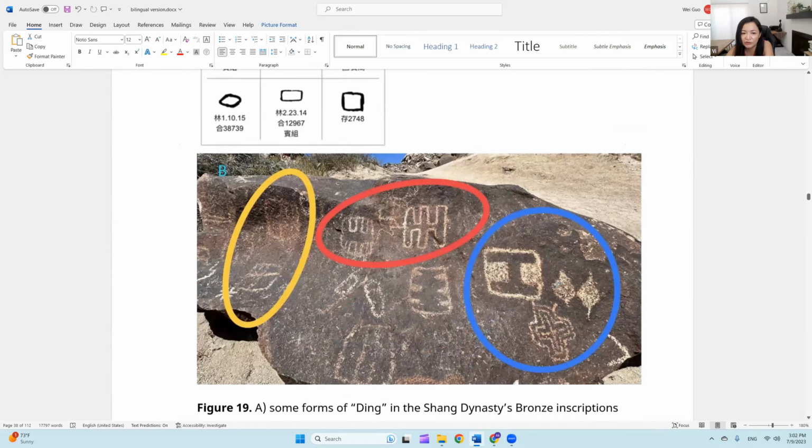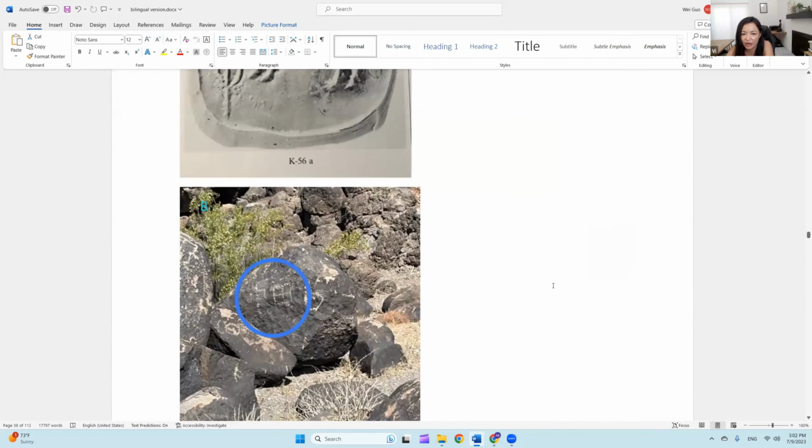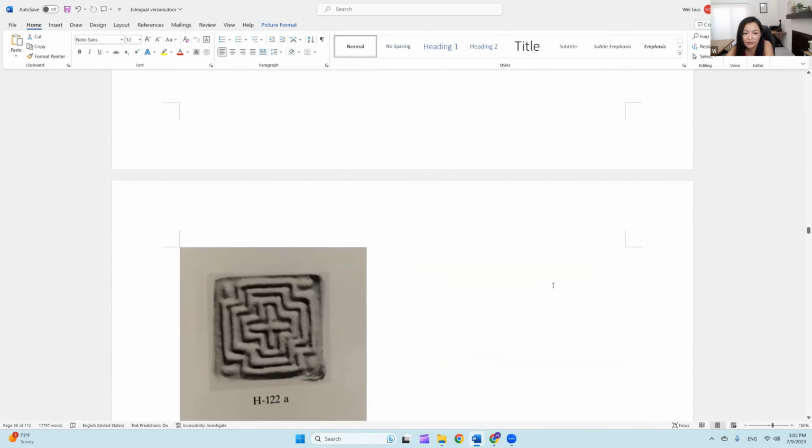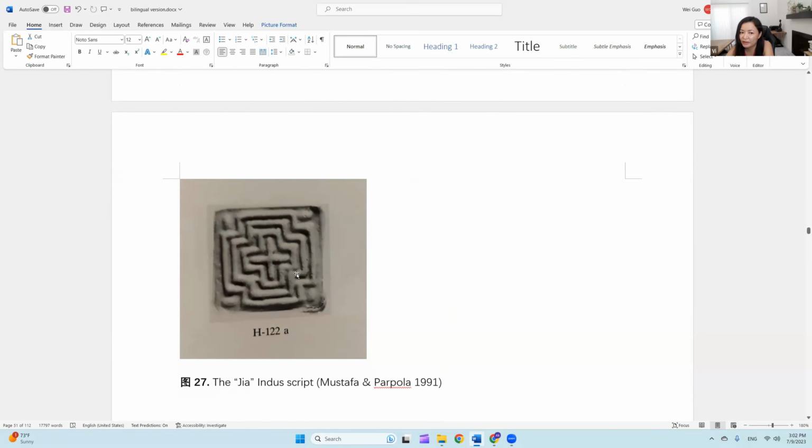Then let's take a look at this Indus Jia cross sign: one, two, three, four layers of outline with a cross in the center. This is not a Chinese sign. This is an Indus seal sign. On the Indus seals, they have many of this kind of cross sign.